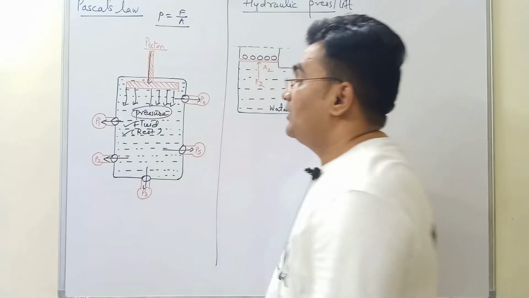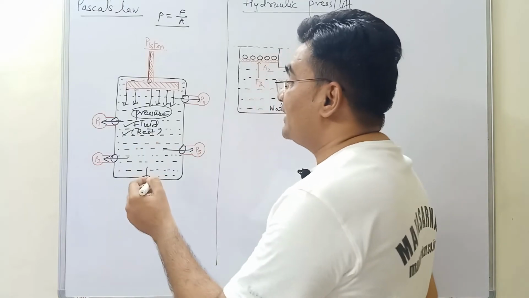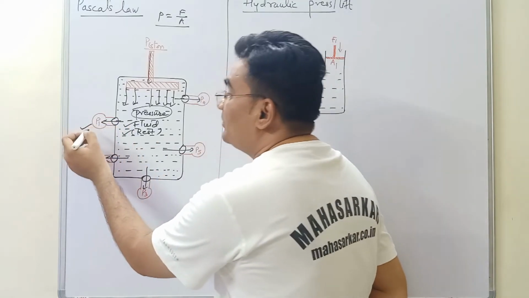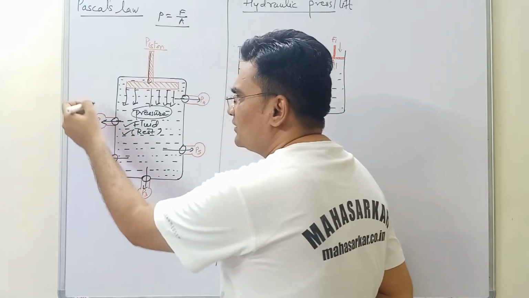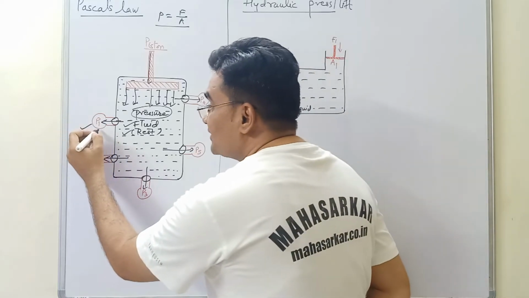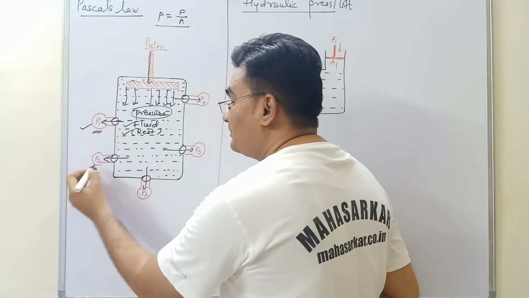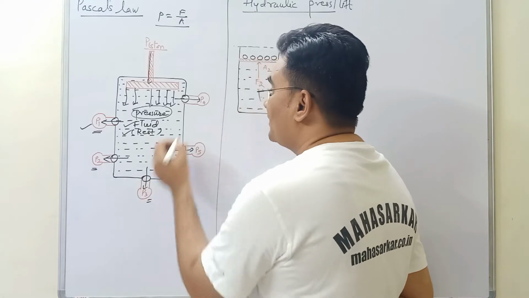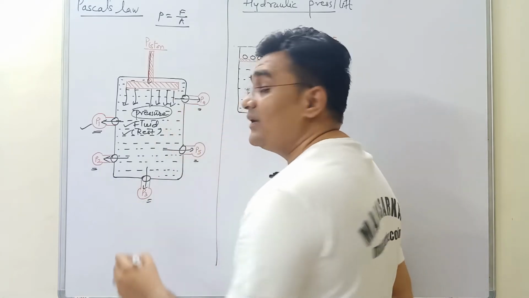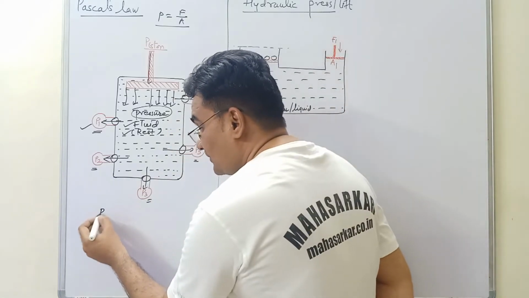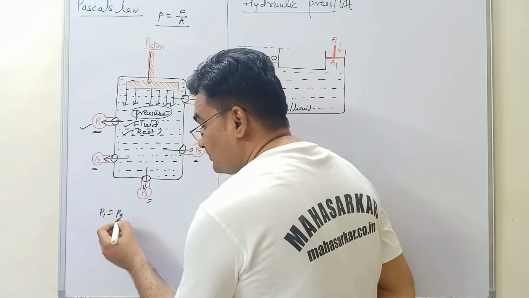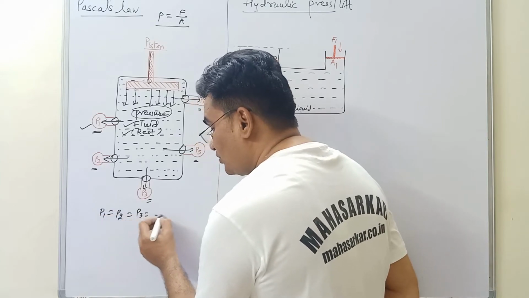What Pascal observed is that the values of pressure read by the barometers P1, P2, P3, P4 and P5 were similar. Here the pressure P1 is equal to P2 equal to P3, and so on.